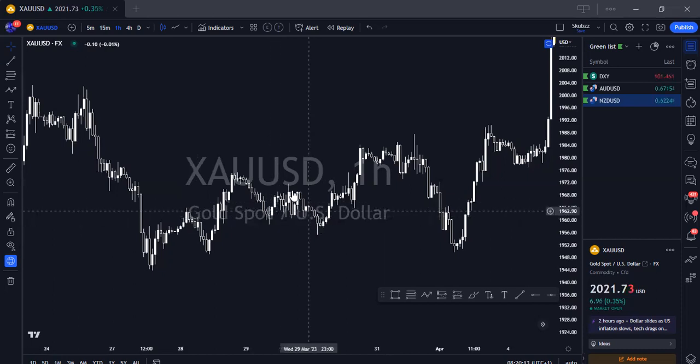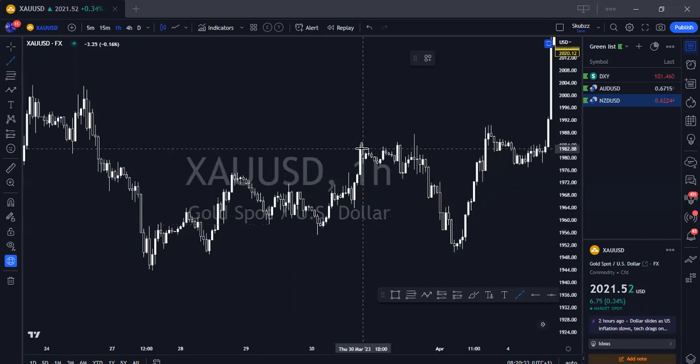This one was not a higher high because price did not break above this one. After here, we formed this higher high. Now after this higher high, it came down and broke this previous low.